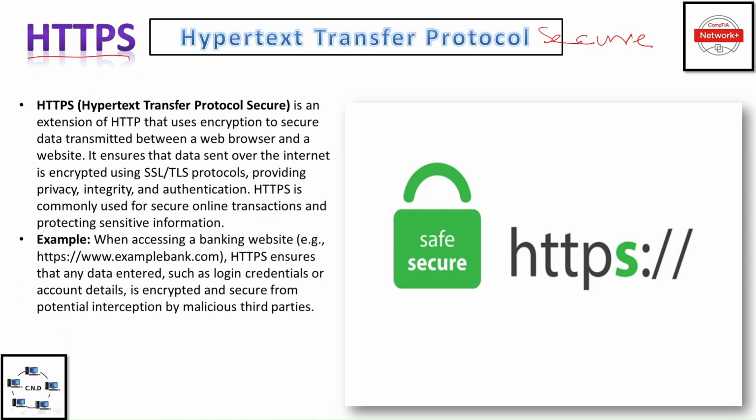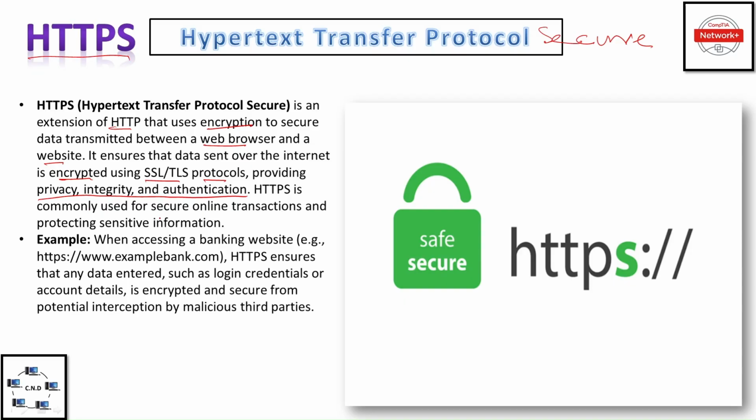HTTPS, Hypertext Transfer Protocol Secure, is an extension of HTTP that uses encryption to secure data transmitted between a web browser and a website. It ensures that data sent over the internet is encrypted using SSL/TLS protocols, providing privacy, integrity, and authentication.